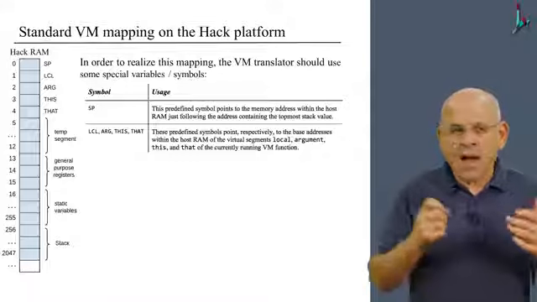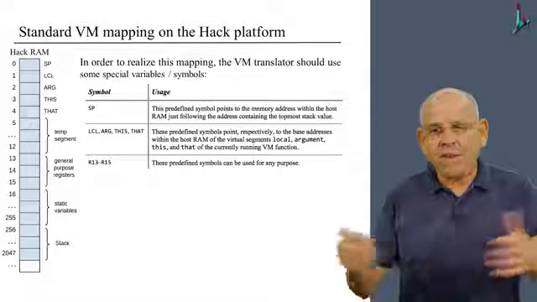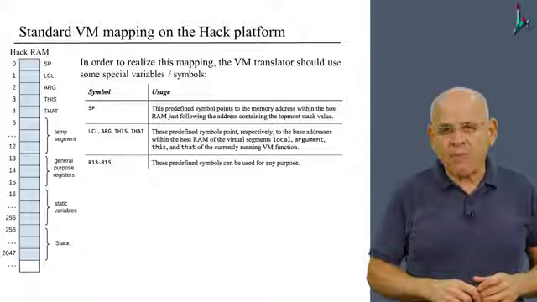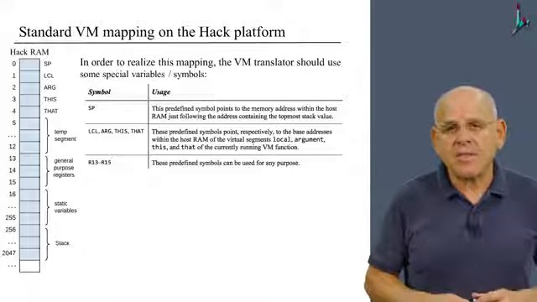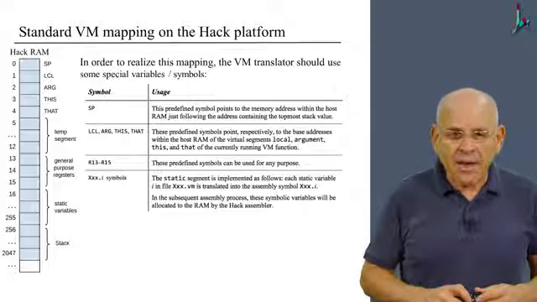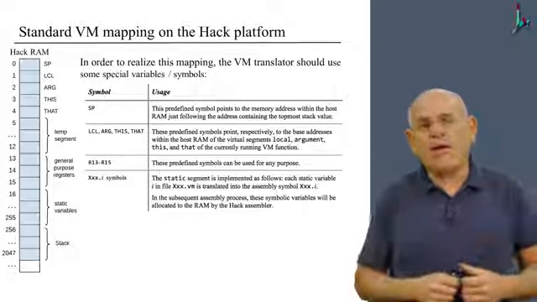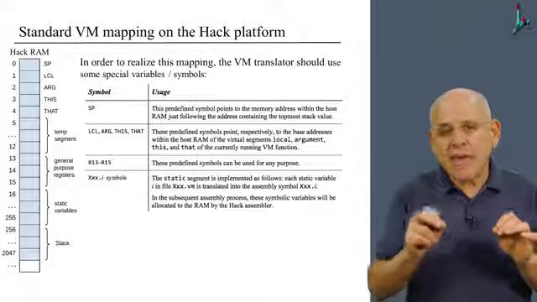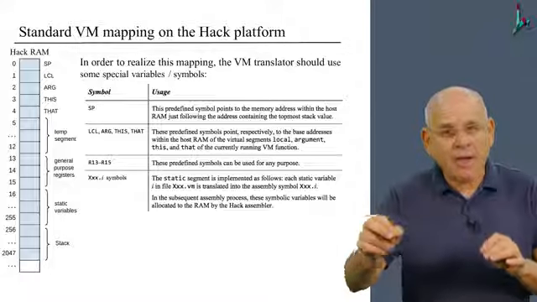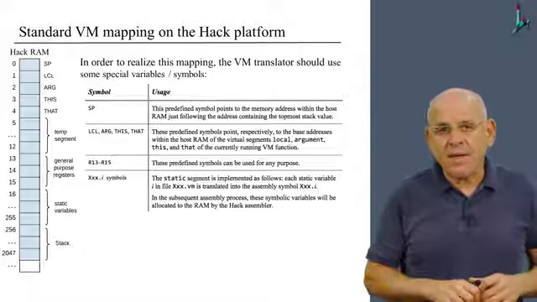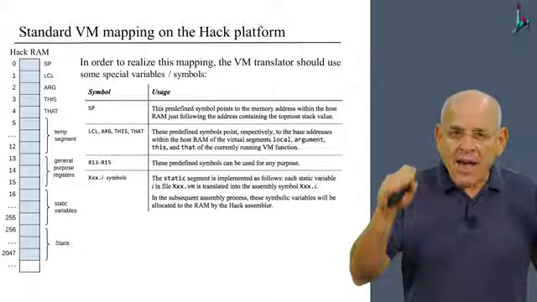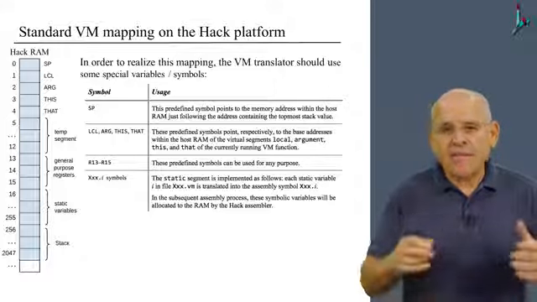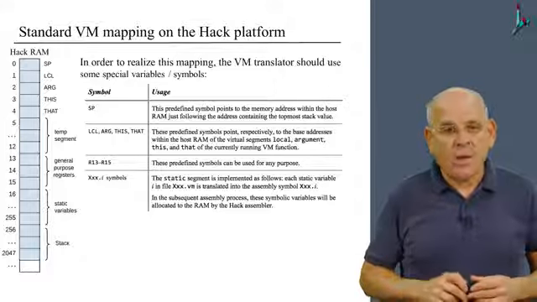We're going to use R13, R14, R15 whenever we need general purpose registers. And finally, as we described in previous units, we use specially generated labels to represent static variables: the file name dot some running index will stand for the static variable that has the same running index.